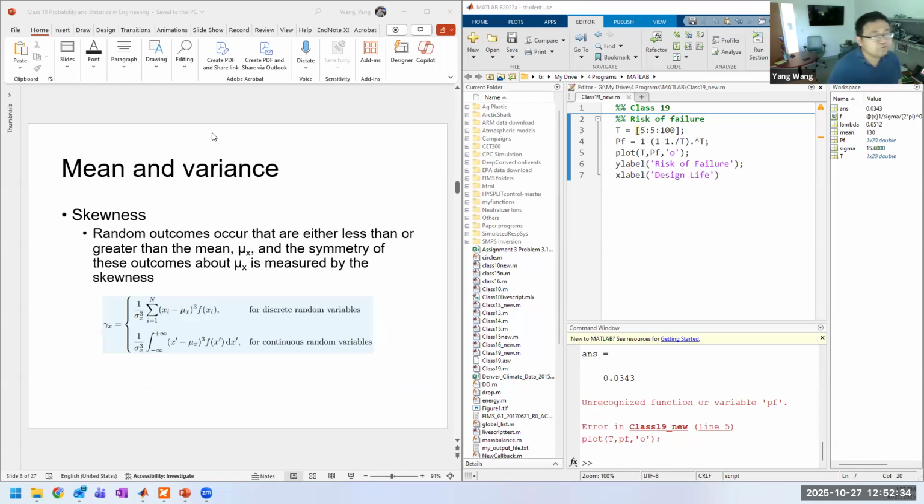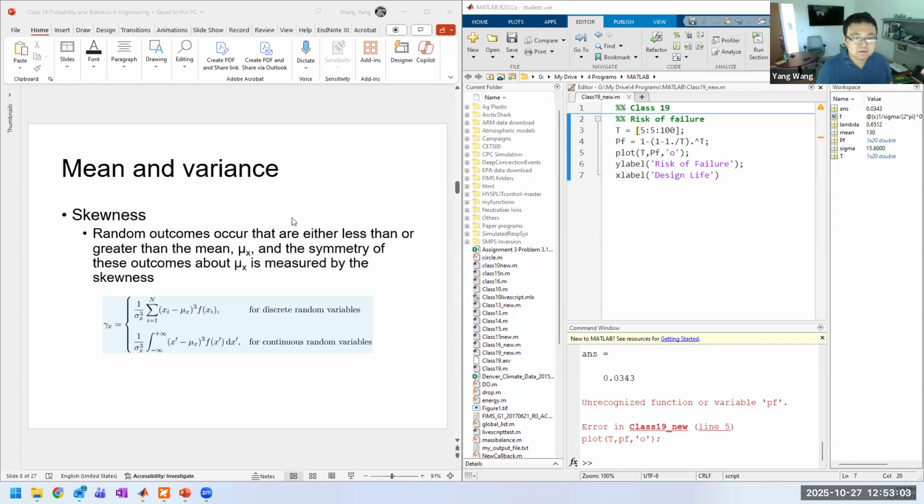So there are a few more definitions related to the probability function. People will also look at the skewness. What the skewness means is that you could have a distribution of the probability, but the shape of the probability is not always symmetric. You could have a system that concentrates nearby 0 while it has a long tail in the larger ranges.